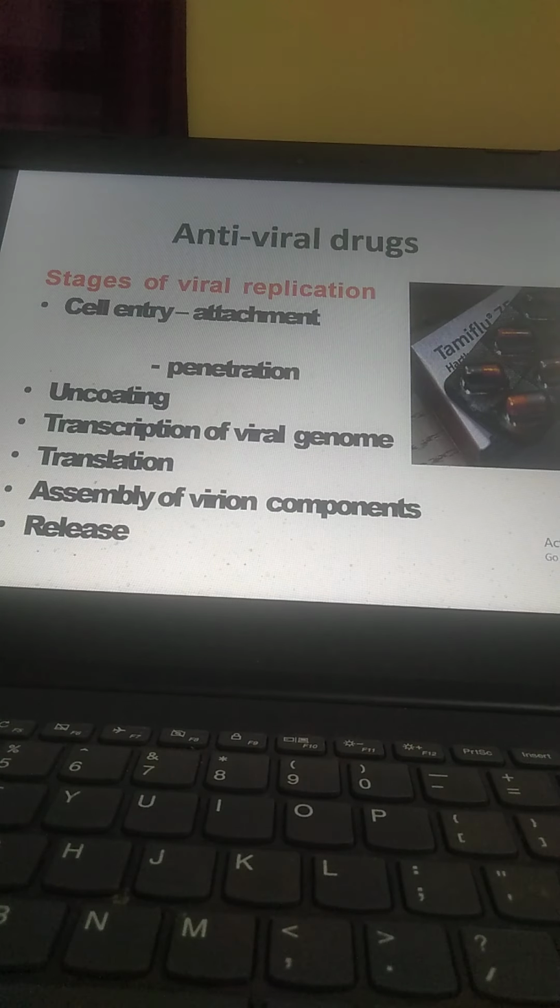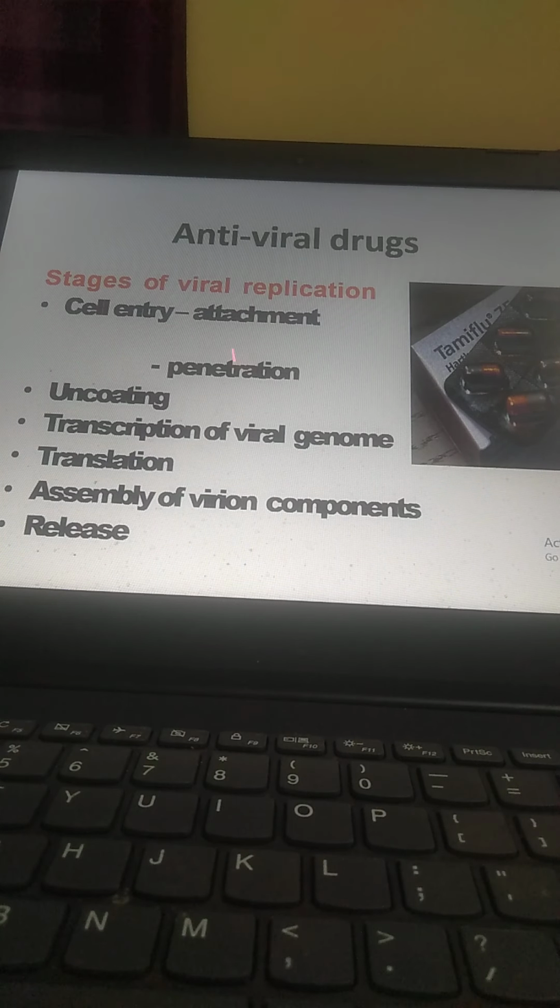Now, the stages of viral replication: cell entry, and how the virus replicates. There is an entry point from the virus to the host: attachment and penetration, which are two adjacent sites.